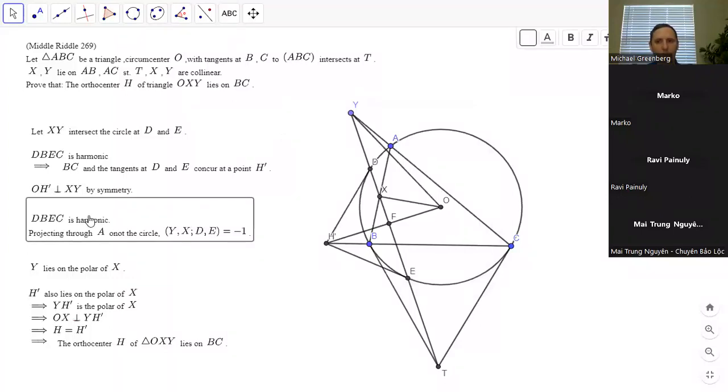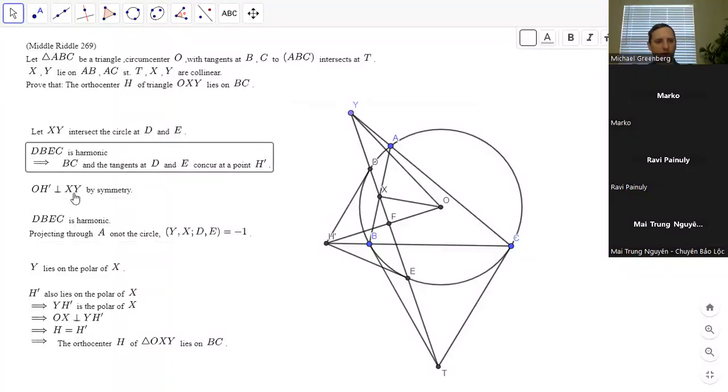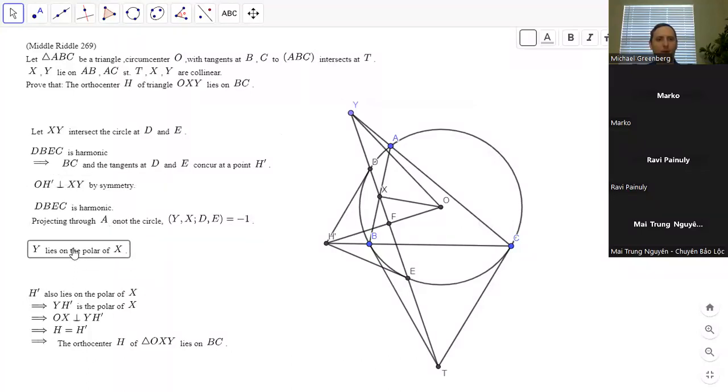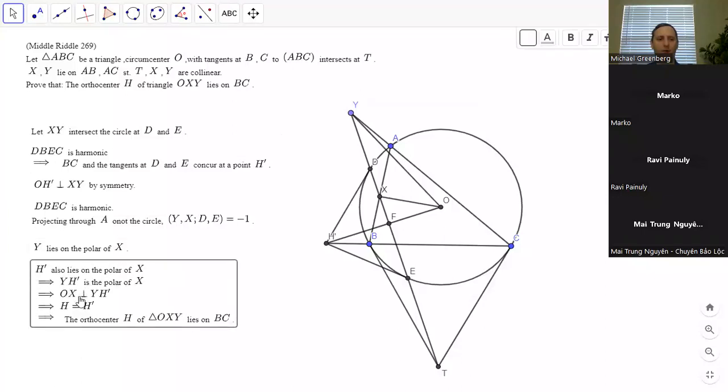Let me think about this a little bit more. So yeah, I don't think I needed this harmonic. There are probably ways where I didn't need to say this is a harmonic quadrilateral. I could just use poles and polars, right? So let me think about what I wrote for just a second. If H is the pole of XY, then it belongs to BC.